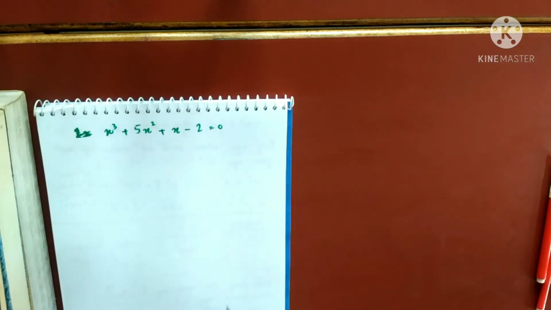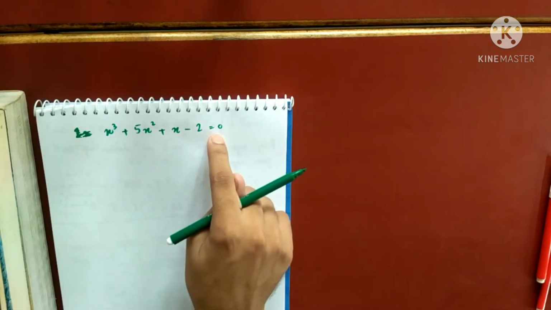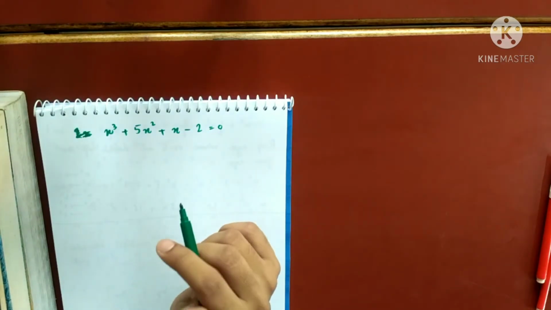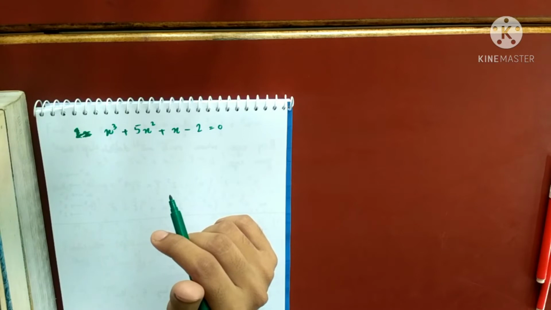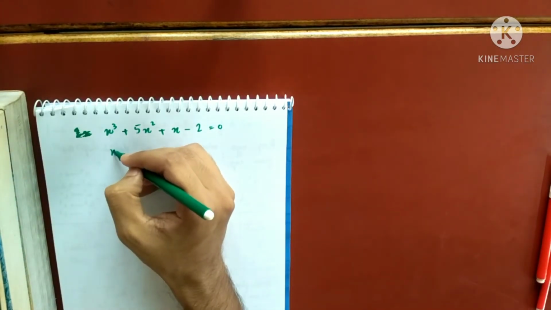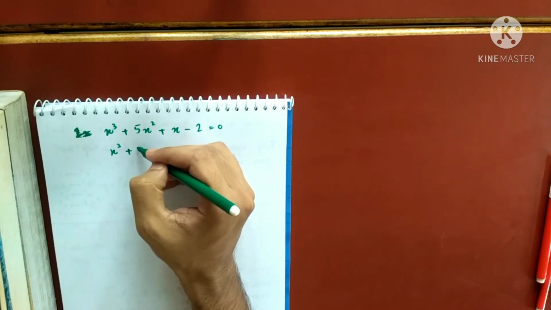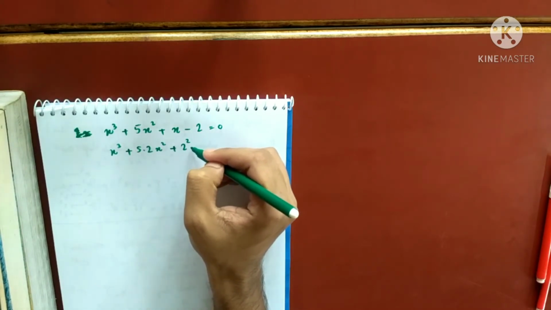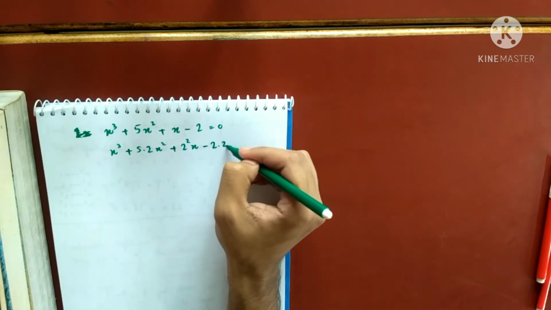If you want to get an equation whose roots are double of this equation, that means if the roots of this equation are alpha, beta, gamma, you want to get an equation whose roots are 2 alpha, 2 beta, 2 gamma, then what you will do, you multiply this by 2, you multiply this by 2 square, you multiply this by 2 cube.